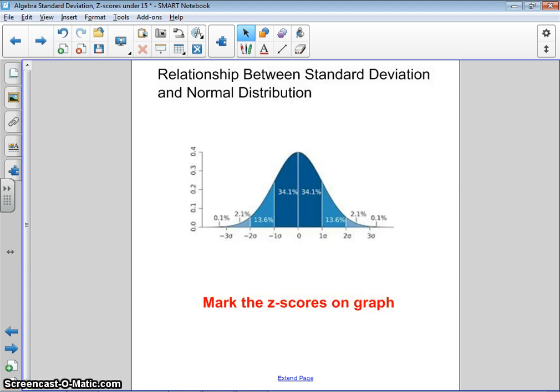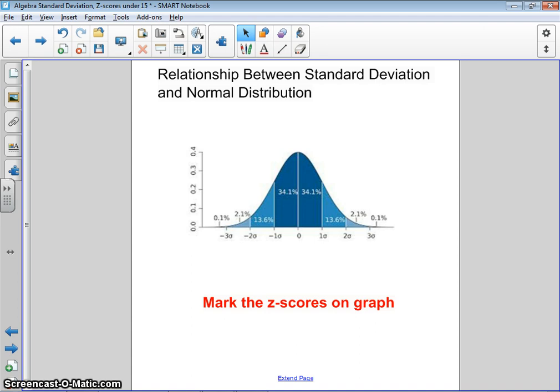The first thing I want to do is show you a normal distribution. This is not part of your algebra SOLs, but I do think it's important to look at it just to get a basic understanding. If you have enough elements in a data set, it usually ends up looking just like this: the bell curve, the normal curve, the Gaussian curve, whatever we want to call it. And what you'll notice is that the results all seem to bubble up in the middle.